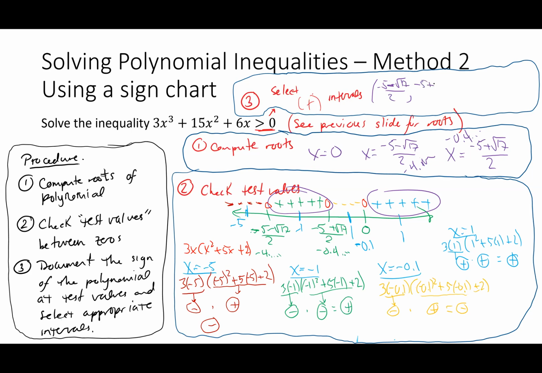And I'm going to go up to negative 5 plus the square root of 17 over 2. Remember the exact values for this. And then from 0 to infinity. And that was the same solution I got from the last method, which makes sense. So this is going to be our solution. Okay. And we used a sign chart. So 2 totally different methods that gave us the same result.